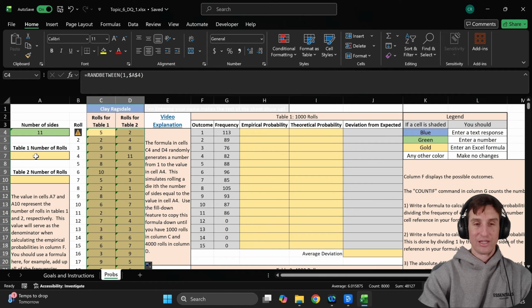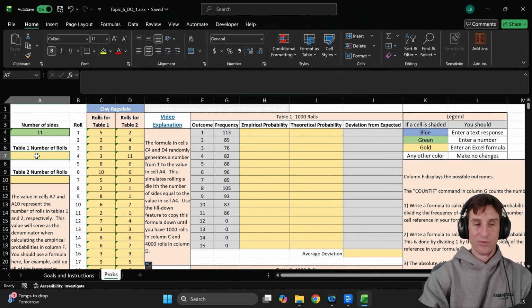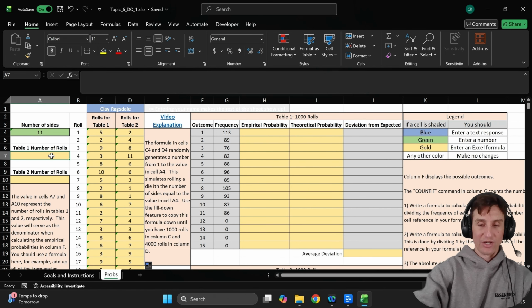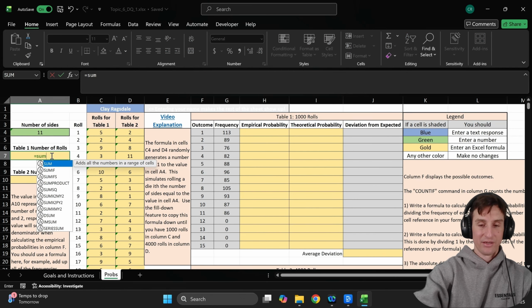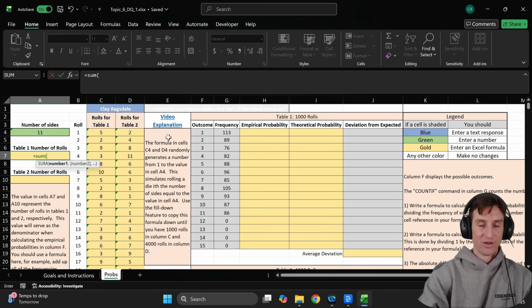The only thing we want to do in this part is also verify that table 1 over here does indeed have 1,000 rows. That's how many we would like. The way we're going to do that is equals sum, and we're just going to count up all of our rows. And maybe I should have specified first, you could throw in the zeros if you want to. Notice that there's 0 for 12 because it only goes up to 11, 0 for 13, and so forth.